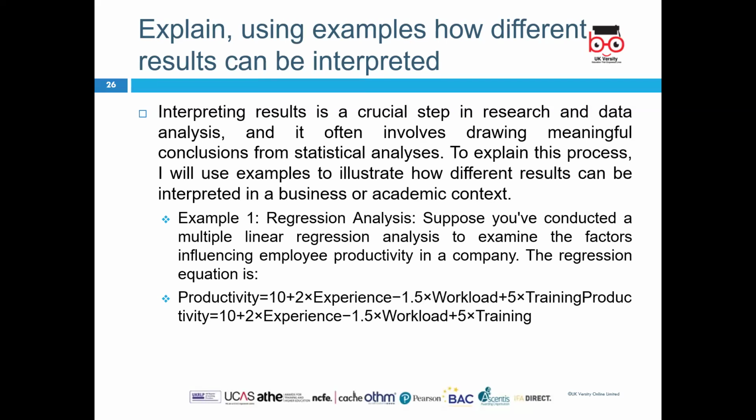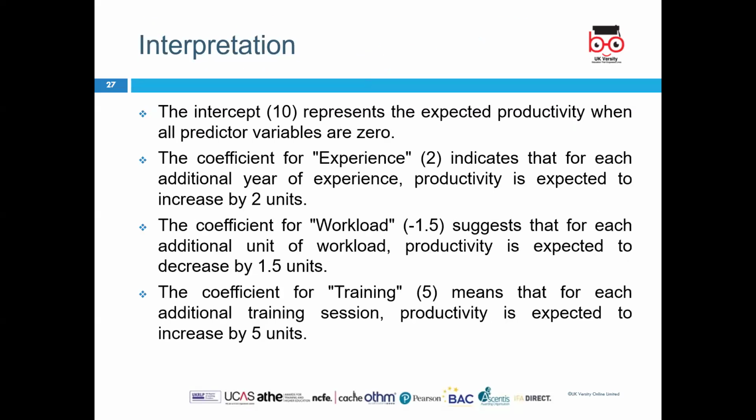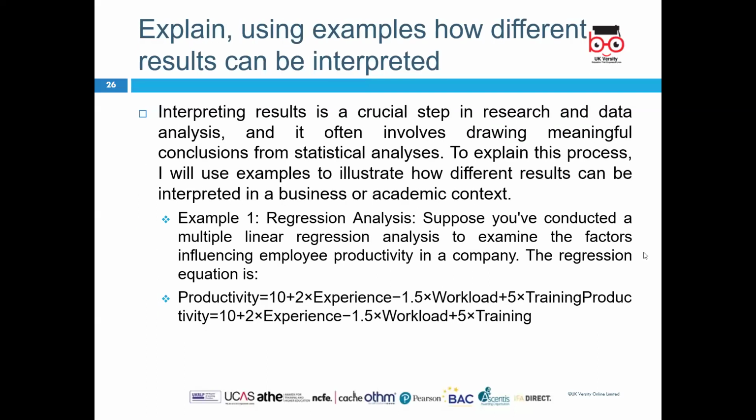The intercept is 10, which represents the expected productivity when all predictor variables are 0. So when workload is 0 and training is 0, the productivity is only 10.